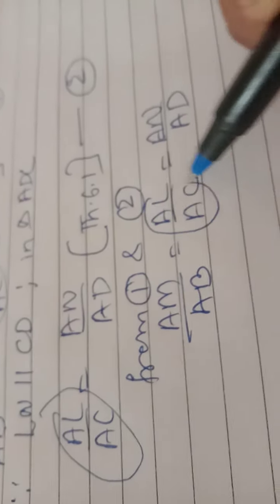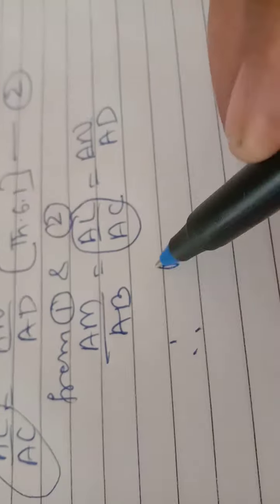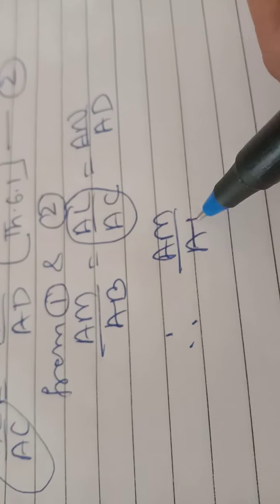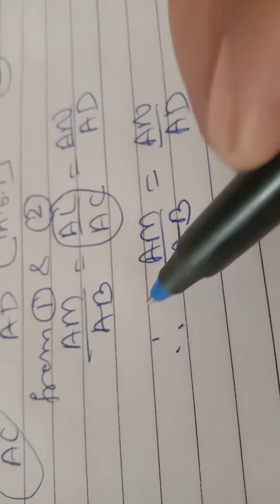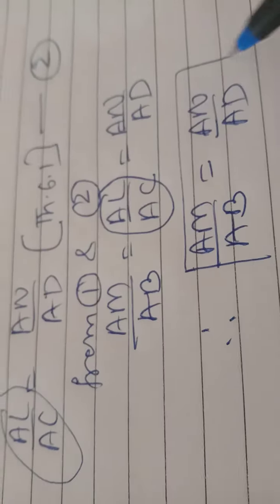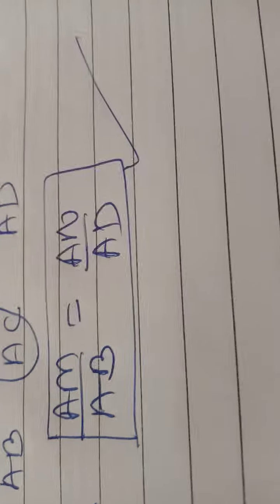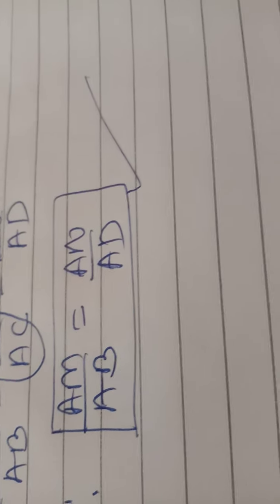Therefore AM upon AB is equal to AN upon AD, right? So this is our requirement. Clear? By this way, using the simple form of theorem 6.1, we can prove the given requirement. So this is question number 3.